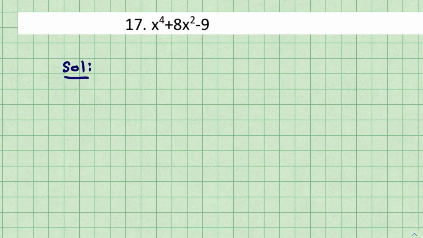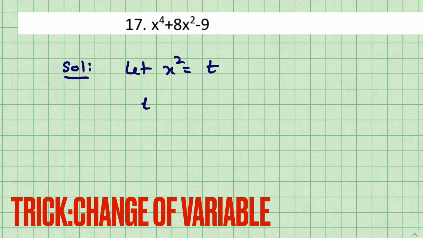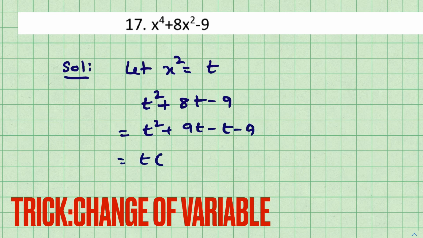Next is question number 17. Here I notice x raised to the power 4 and x square. We can write x square as a new variable, suppose t. Therefore, the expression converts to t square plus 8t minus 9, which is equal to t square plus 9t minus t minus 9. I can take t common, so we will get t plus 9.